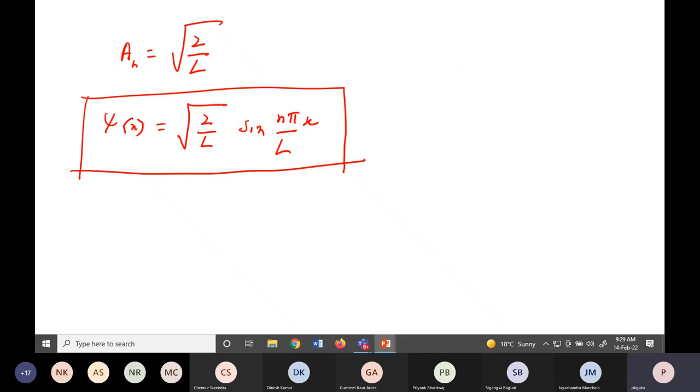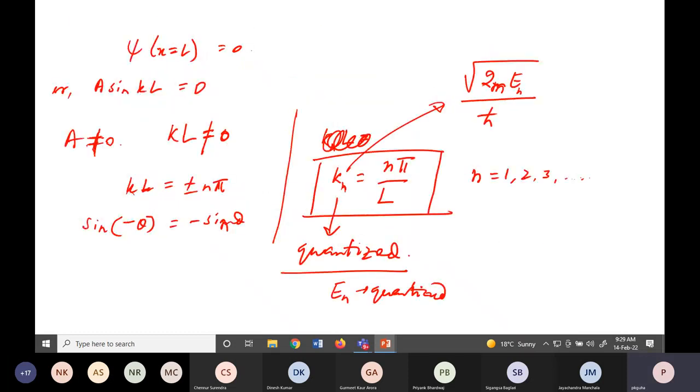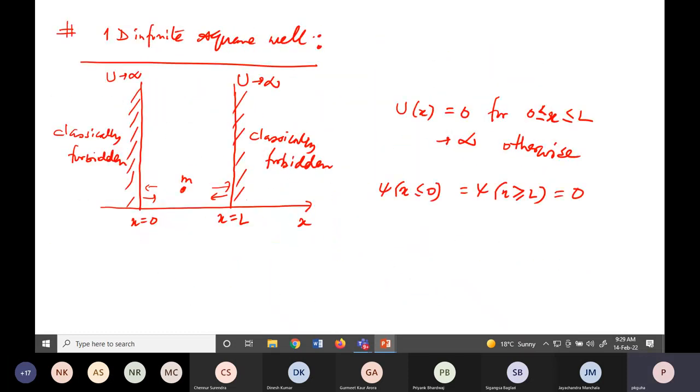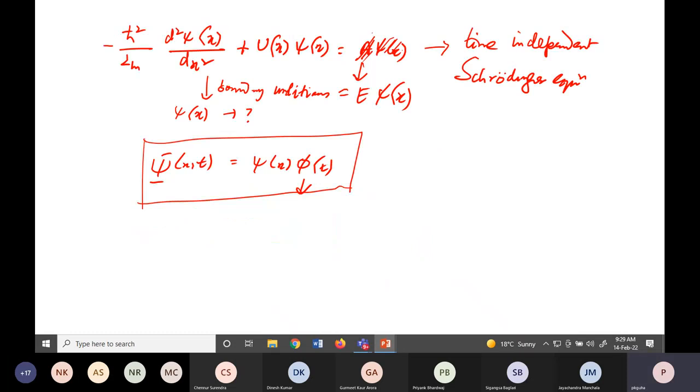Okay, so you remember how to find psi(x, t). That is psi(x) phi(t), right? Psi(x) you found out from here. What is phi(t)? You remember we found e to the power minus i E over h-bar t. Let me go back there.